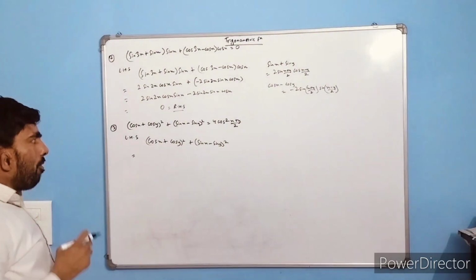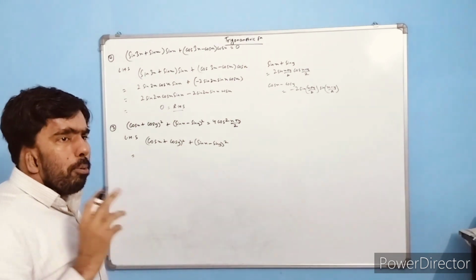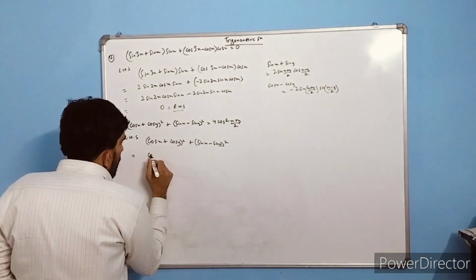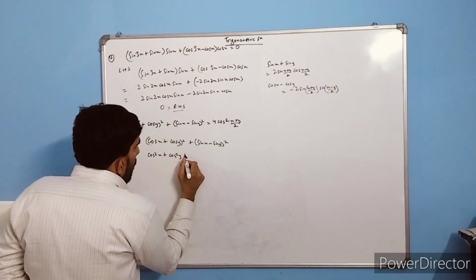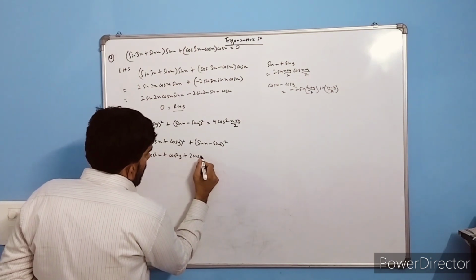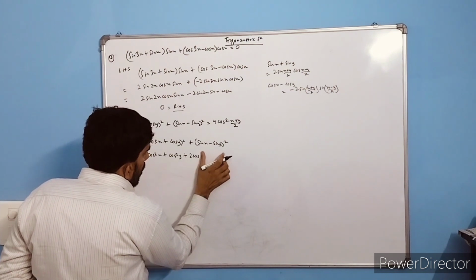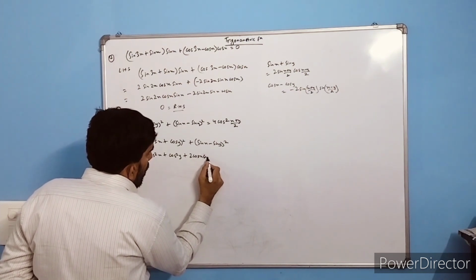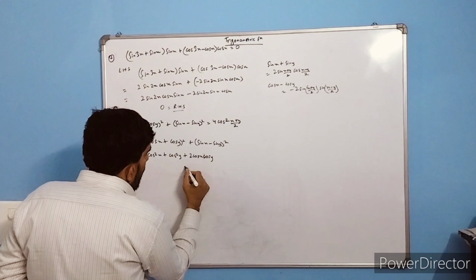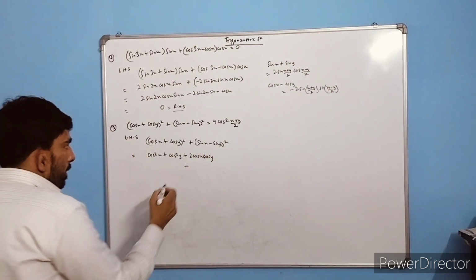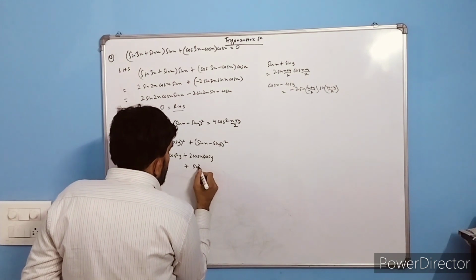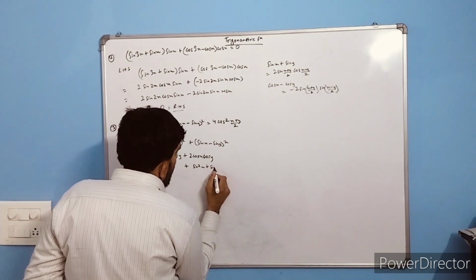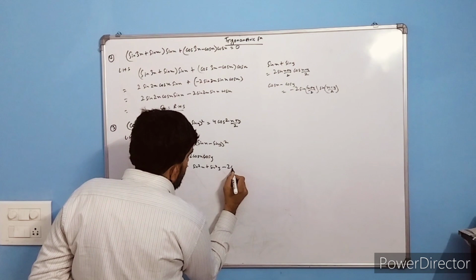Now we'll apply the identity of (a plus b) whole square, that is a square plus b square plus 2ab. Similarly, I will apply here (a minus b) whole square, so a square plus b square minus 2ab.